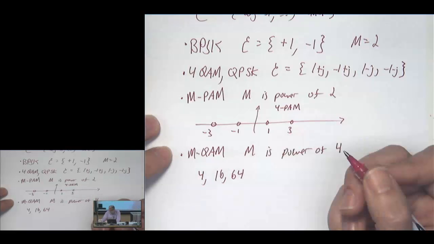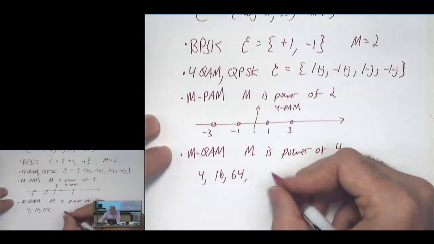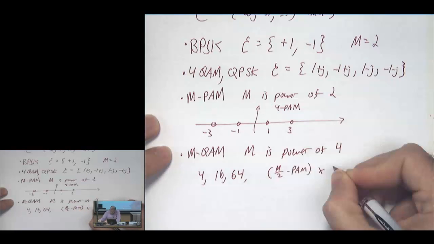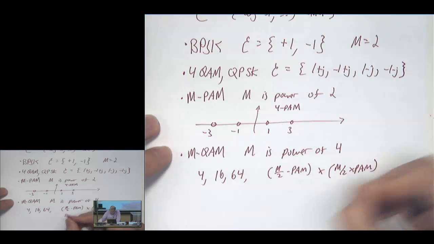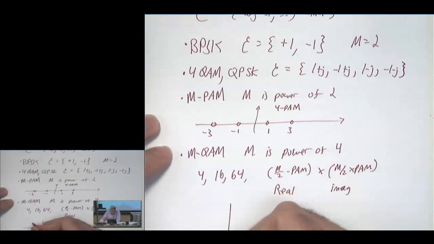It's used in 3GPP, LTE, etc. And this is essentially like having an M/2 PAM signal and another M/2 PAM signal in real and imaginary. And I'll give an example of this here. So having 16 points.